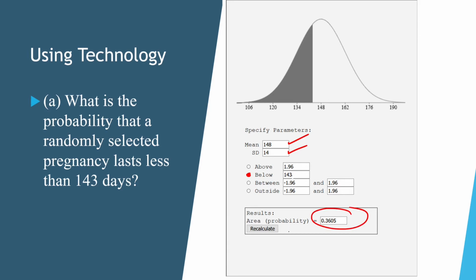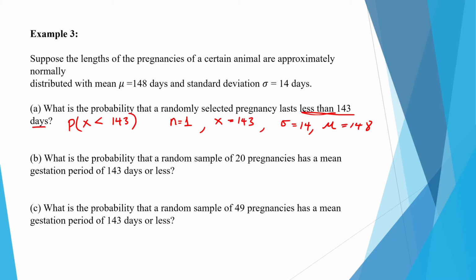We have a 36.05% chance that a randomly selected pregnancy will last less than 143 days. In part A, the probability that X is less than 143 days is equal to 0.3605.